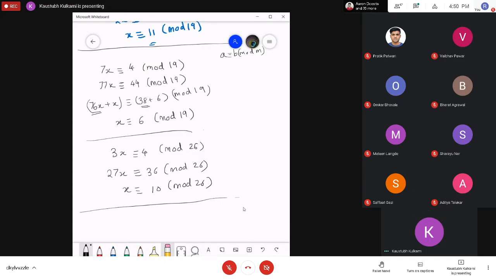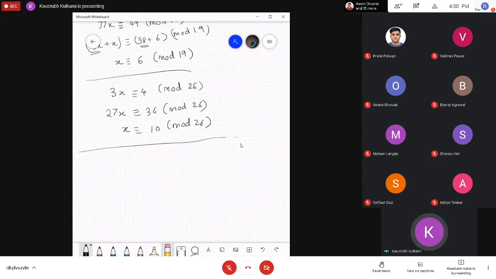Okay, so that brings us to something very interesting called the Chinese remainder theorem. This part is clear, I hope. The next topic is the Chinese remainder theorem.